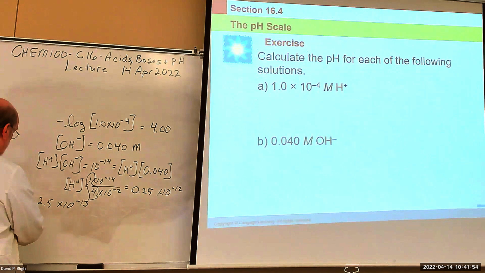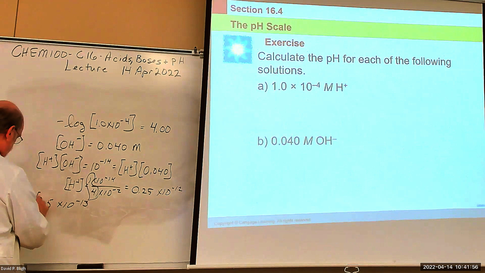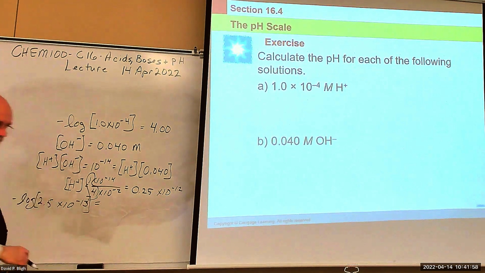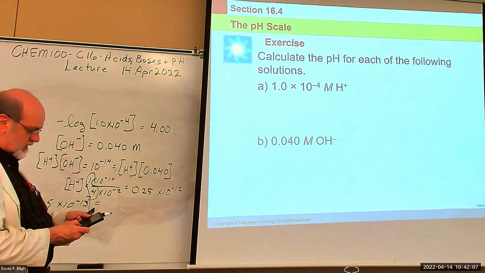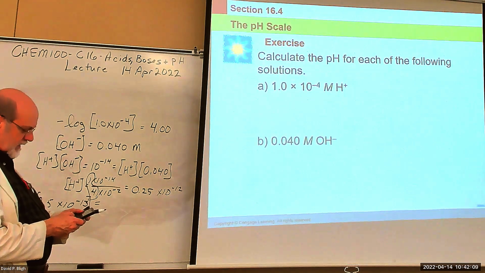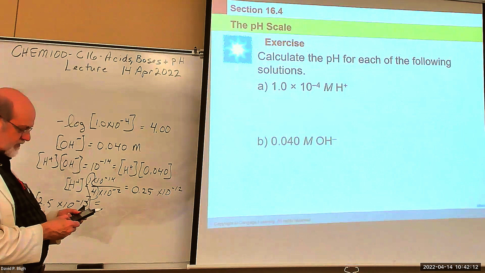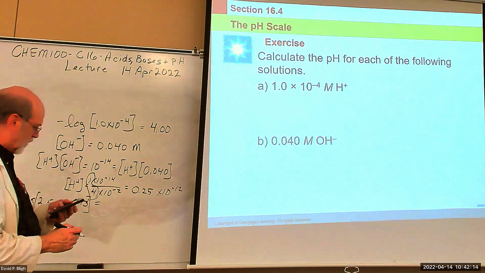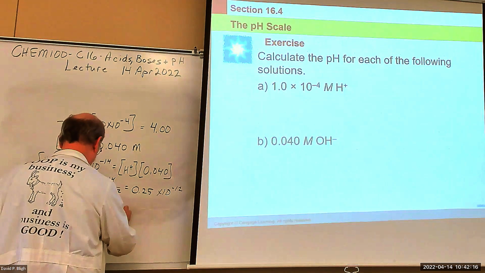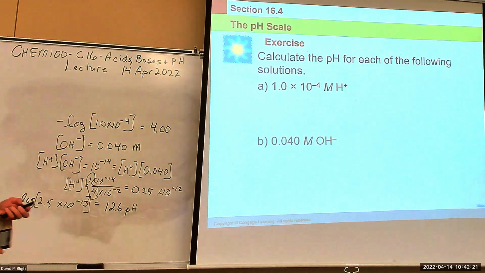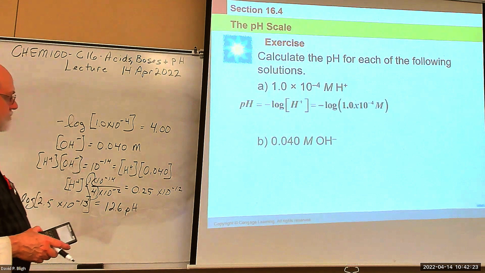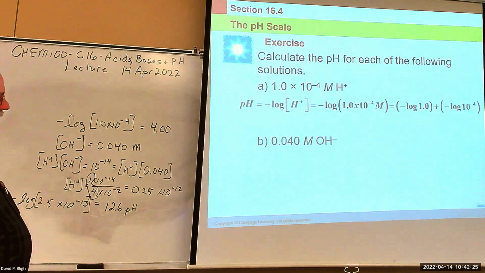Now we need to take the negative log of that. So I need my calculator for that. All right, 2.5 with an exponent of minus 13. Okay. And then take the log and change the sign. So I get 12.6 pH. All right. That was easy.